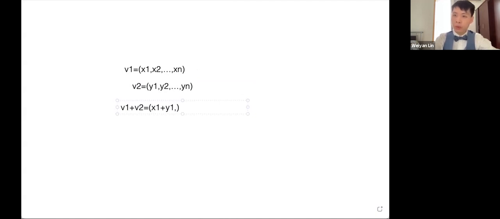So x1 plus y1 goes to the first dimension, x2 plus y2 goes to the second dimension, all the way to xn plus yn.